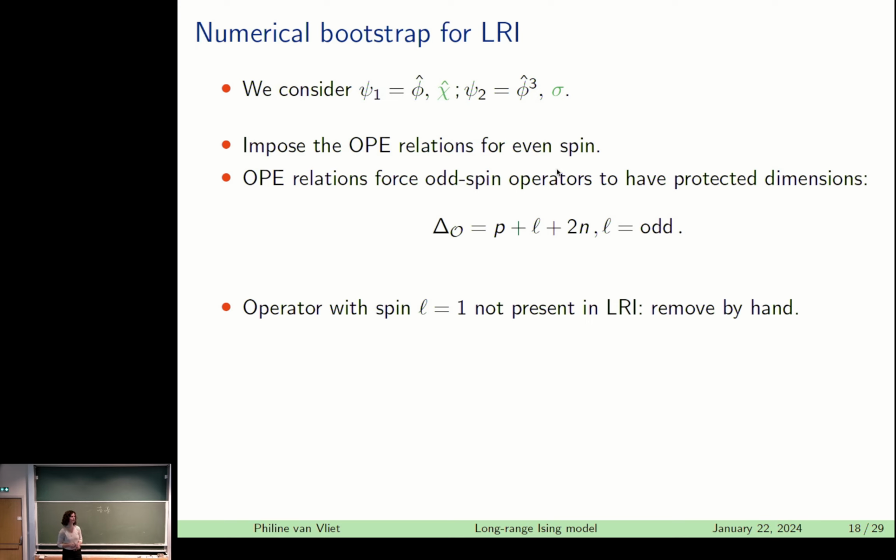I think if you would do the OPE of two arbitrary fields, so not of phi and phi cubed, they might be there, but then there are also going to be other odd spin operators with arbitrary dimension, depending on which operators you take. So especially from a conformal bootstrap point of view, you wouldn't be able to isolate them. But in this OPE, it's very nice that these are the only odd spin operators that appear.